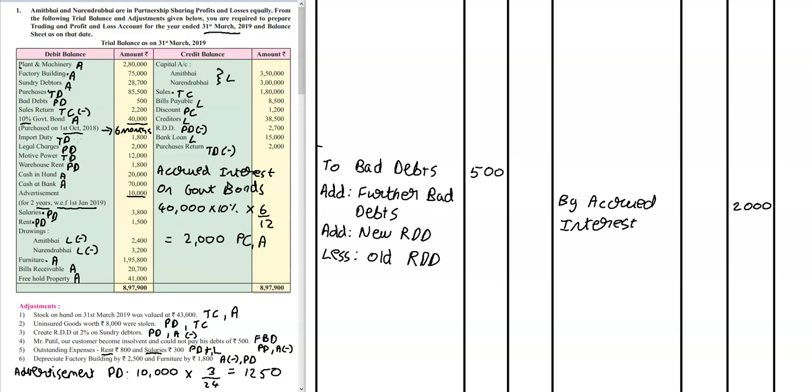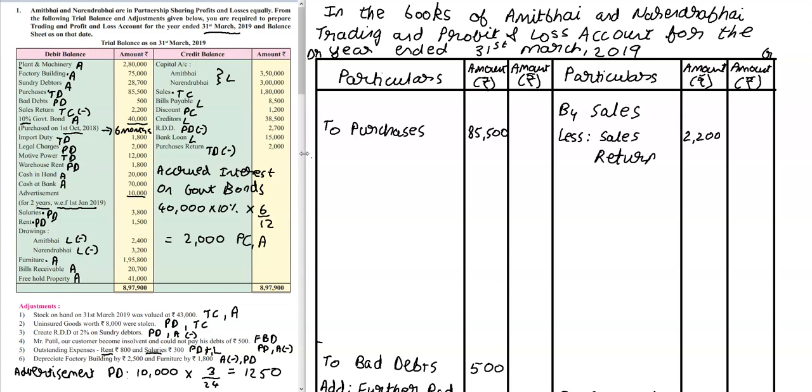Now, next we have import duty, which is a trading account item. So we are going to scroll back up to the trading account, and we can have a little bit of space for the return to import duty. And the import duty is 1,800.